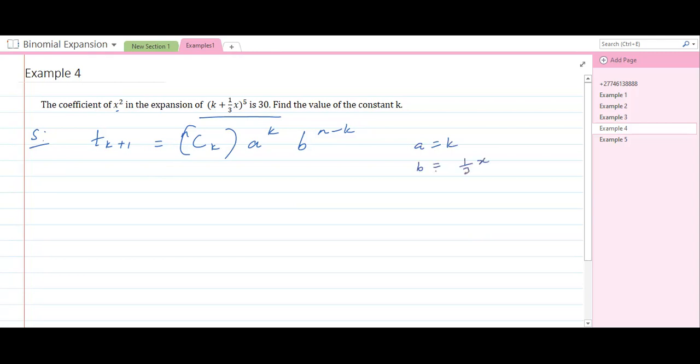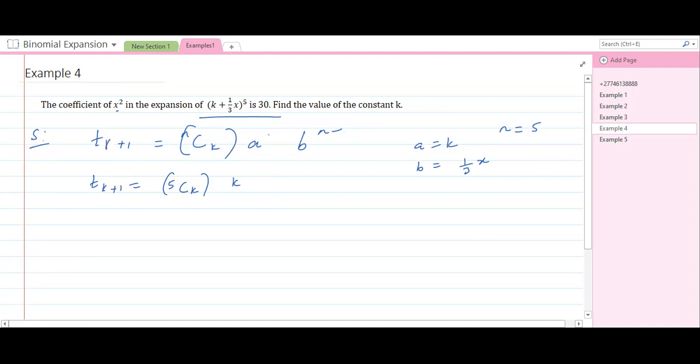and we know that n is equal to 5. So what we can say here is t(k+1) is equal to 5 choose k. Okay, we shouldn't have used k there, let us use r as the counter, t(r+1), because we have two k's in the formula.